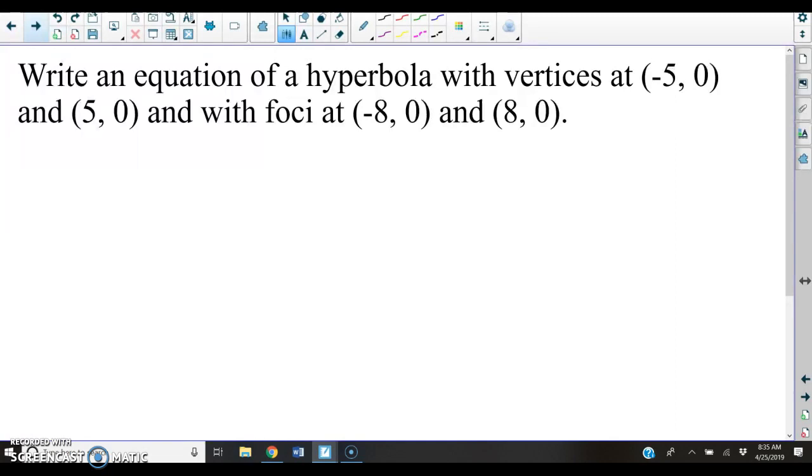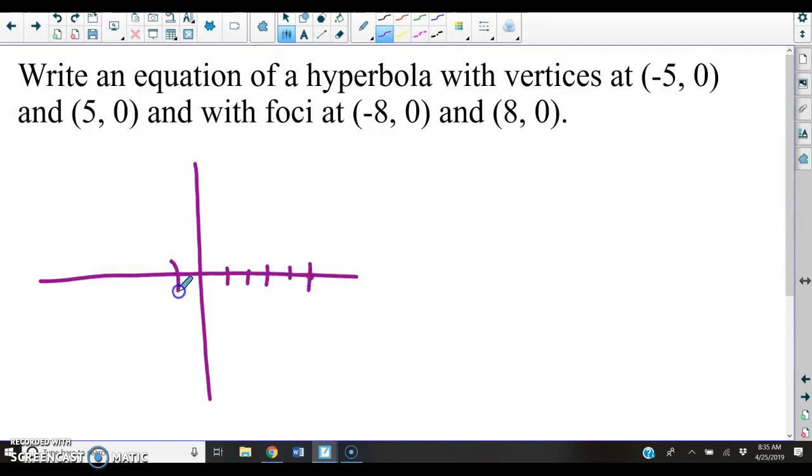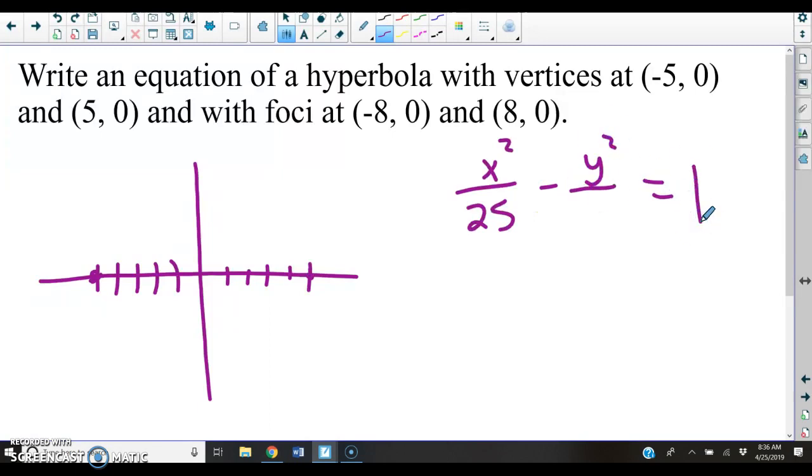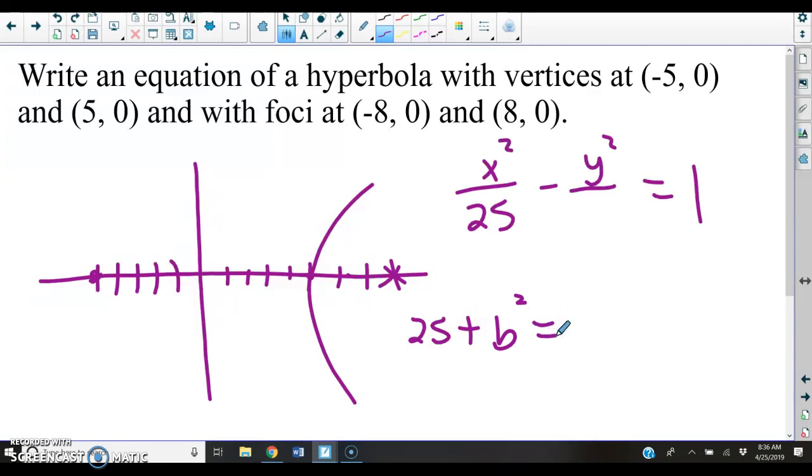Okay. Let's go backwards. The vertices are at negative 5 and 5, so they're on the x-axis. 1, 2, 3, 4, 5. 2, 3, 4, 5. So that tells me right away I've got x squared over 25 minus y squared over something equals 1. Okay, so my foci are at 8 and negative 8. Well, remember that a squared plus b squared equals c squared.